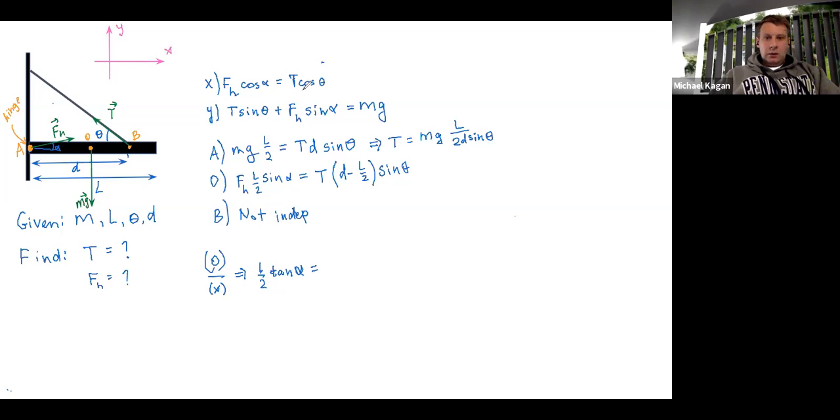On the right-hand side, you have D minus L over 2 tangent theta. So from here, you find the alpha.